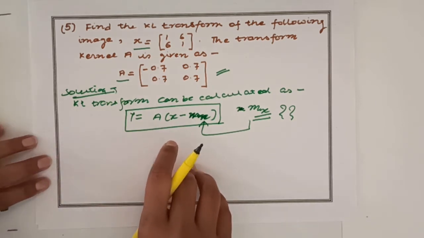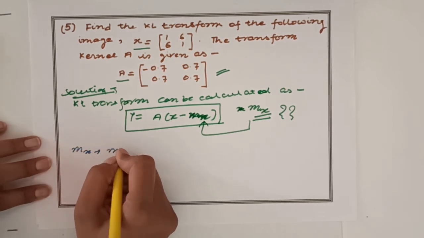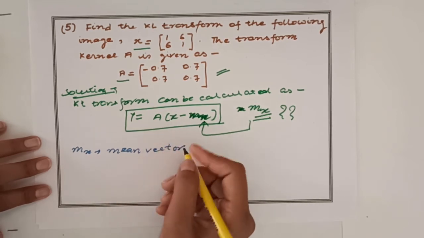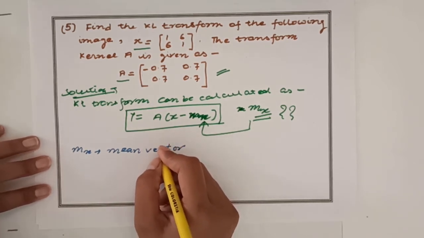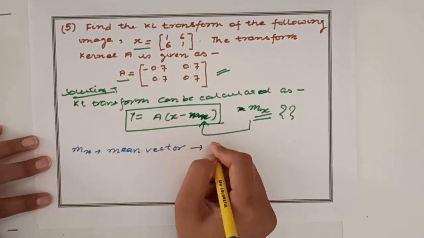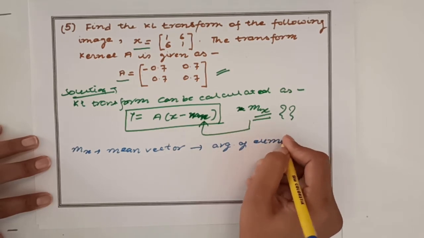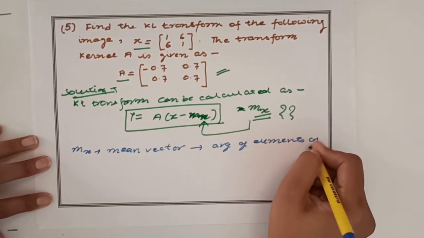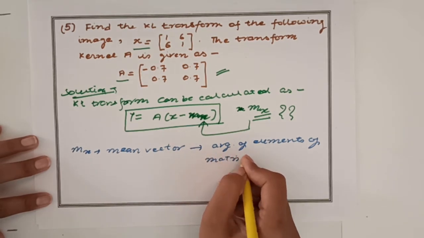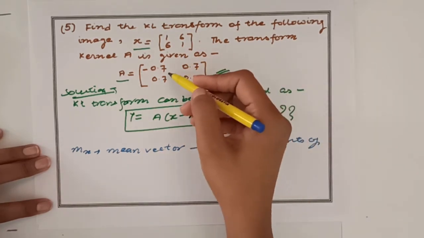The mean vector is computed. Mx is what? Mean vector, and this vector is computed by taking the average of elements of matrix A. So matrix A is given over here.